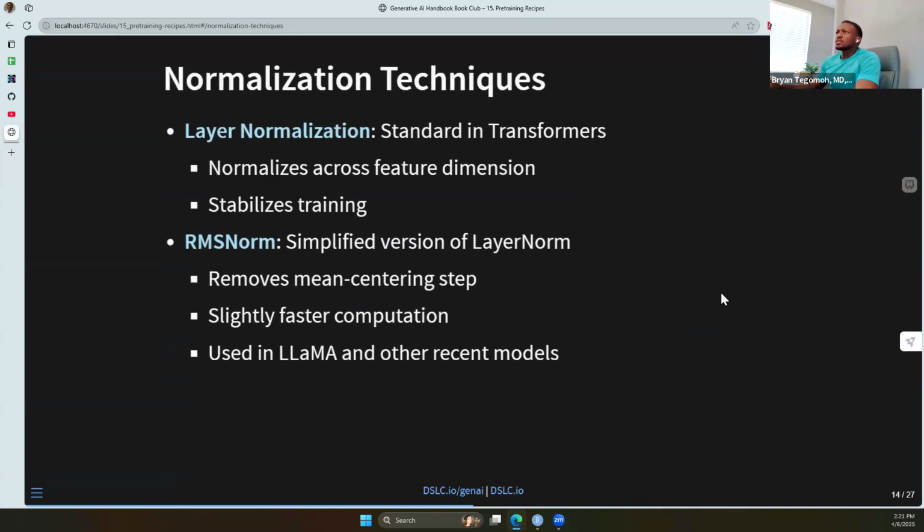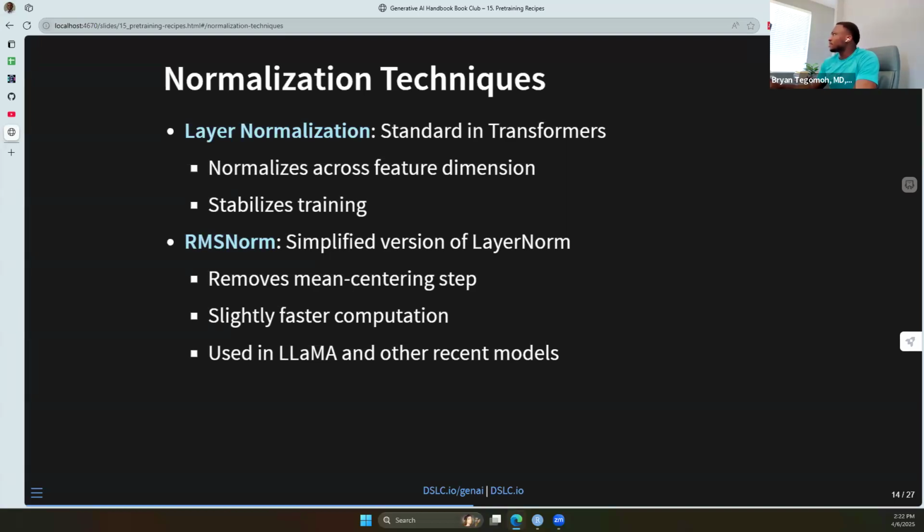The third key concept I spoke about was normalization techniques. For normalization, we have layer normalization and then we have RMSNorm.